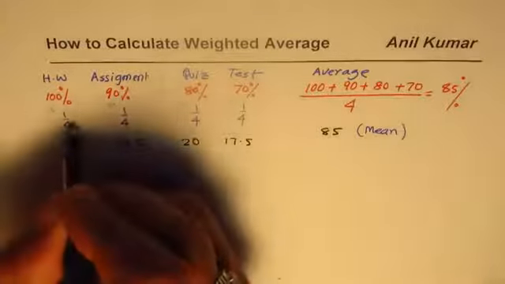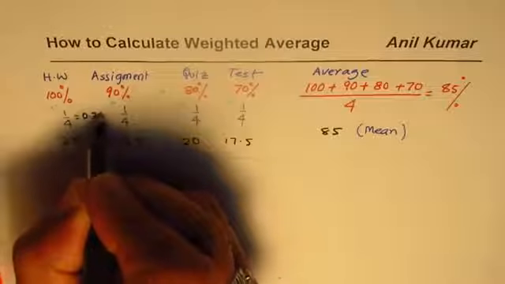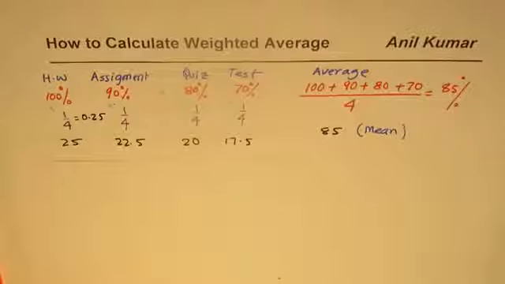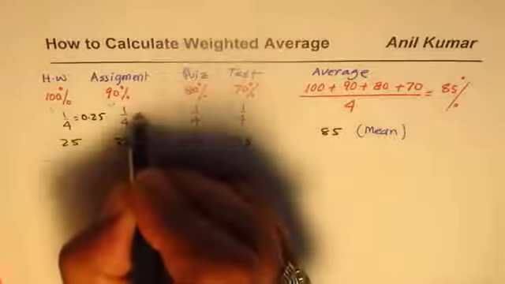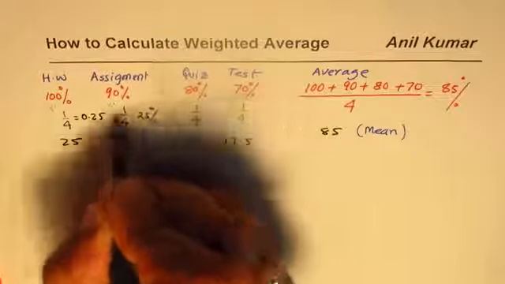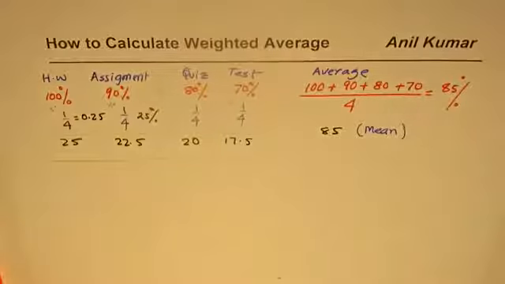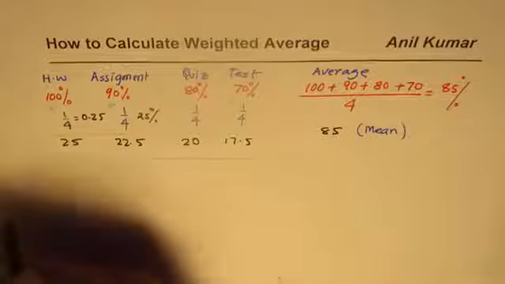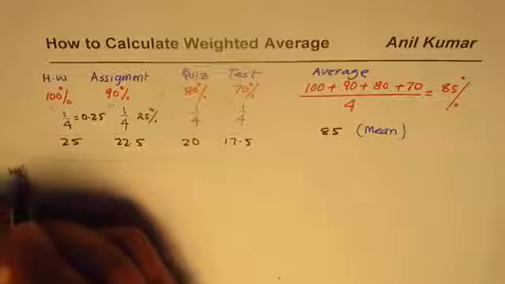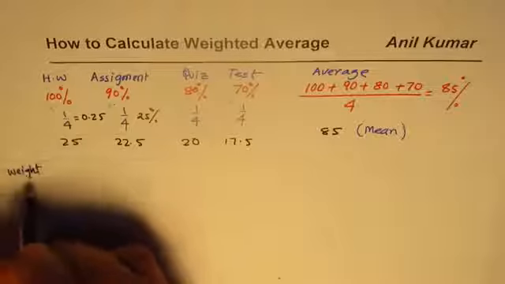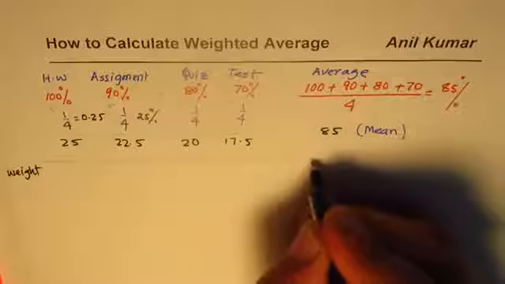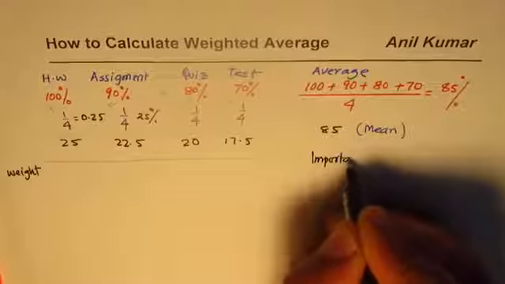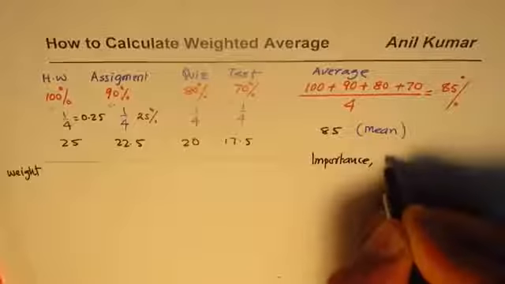A quarter could be written as 0.25, as you can see, which is 25%. Both are the same thing. So what I will do this time is write percent weight. So we are using the word weight now. That means importance is different, right? So we are writing weight or importance, or significance.